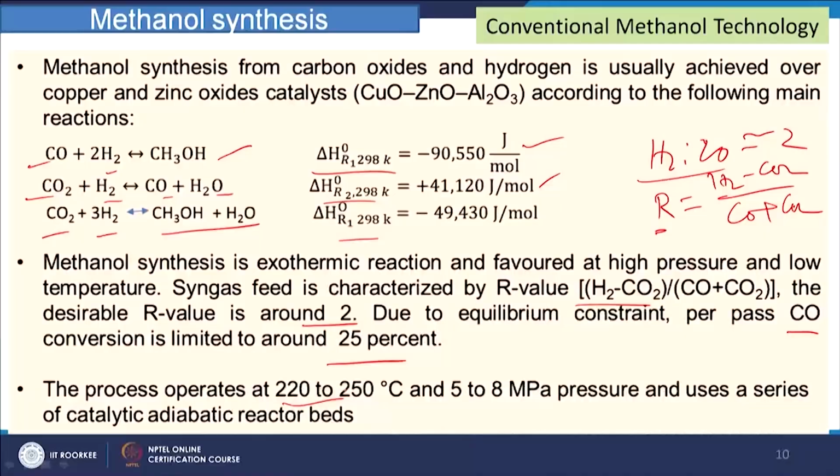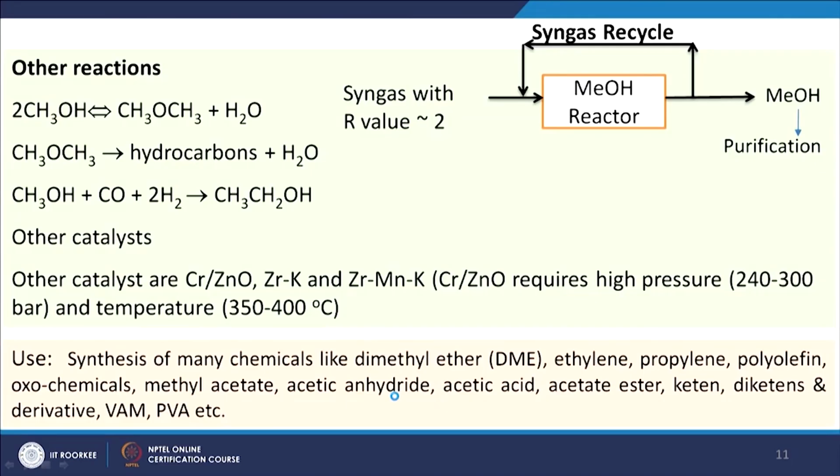That is why we need a very big reactor for the conversion of syngas to methanol. The process operates at 220 to 250 degree centigrade and 5 to 8 megapascal pressure and uses a series of catalytic adiabatic reactor beds. So, these are the important features of the methanol synthesis reactions.